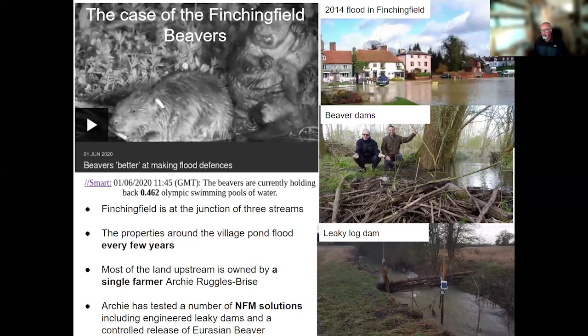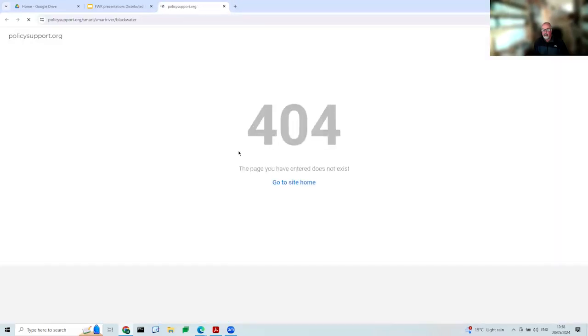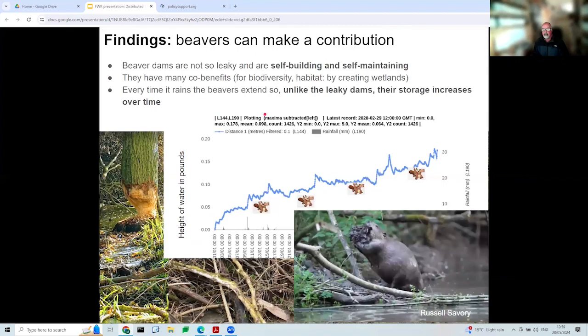We also worked a little bit in the last couple of minutes with beaver reintroduction, also at Spain's Hall, and what we find there, of course, is that they can make a contribution too. The interesting thing about beavers, of course, is that their dams are not so leaky.